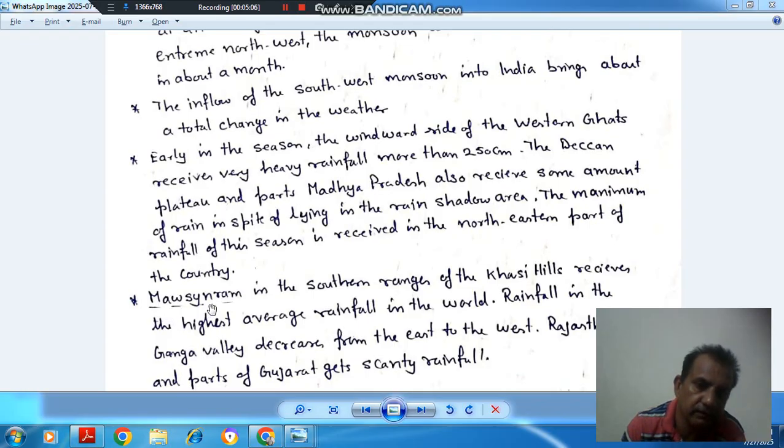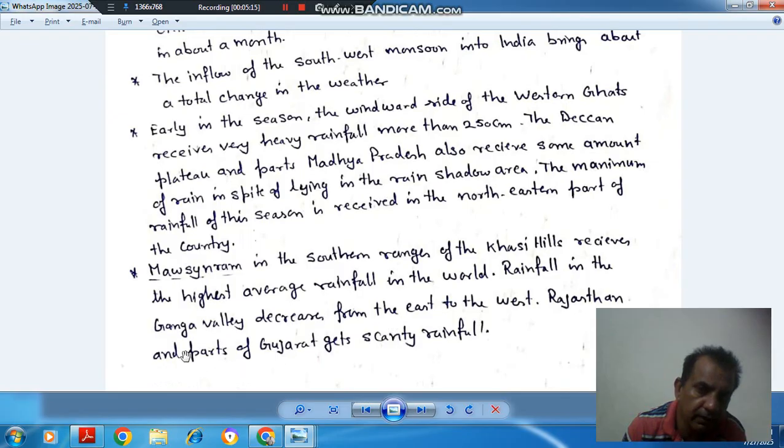Mawsynram, in the southern range of the Khasi Hills, receives the highest average rainfall in the world. The rainfall in the Ganga Valley decreases from east to west. Rajasthan and parts of Gujarat get scanty rainfall.